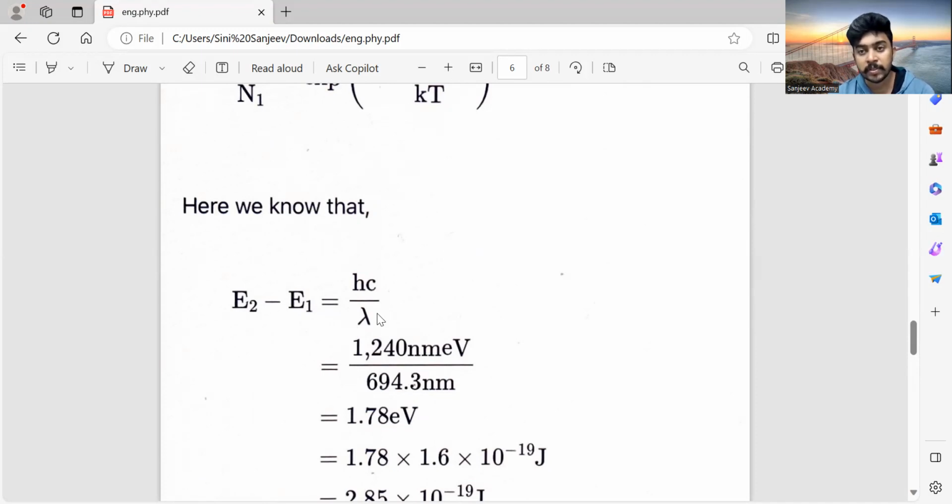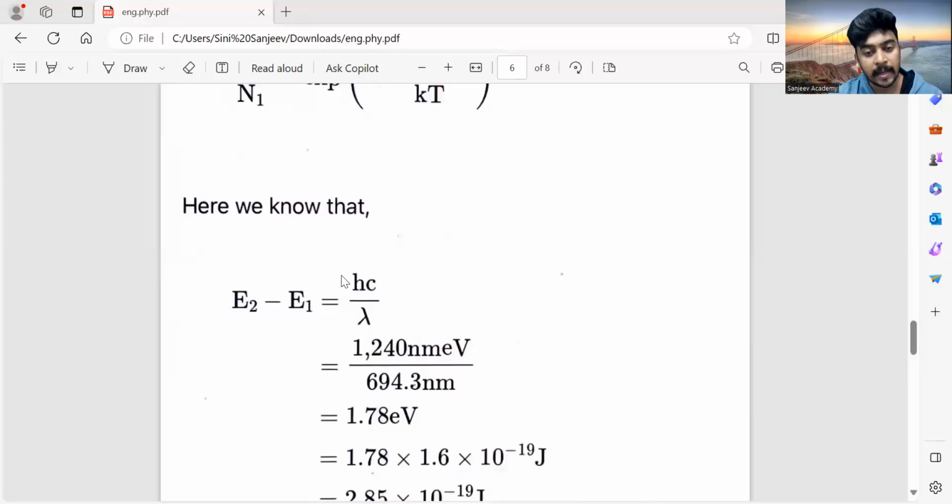Coming to the energy value, lambda is given. Once you multiply Planck's constant and the speed of light, what I'll be getting is 1240 nanometer eV. So 1240 nanometer eV will be the value of hc, and lambda is 694.3. This is the value we have to know.